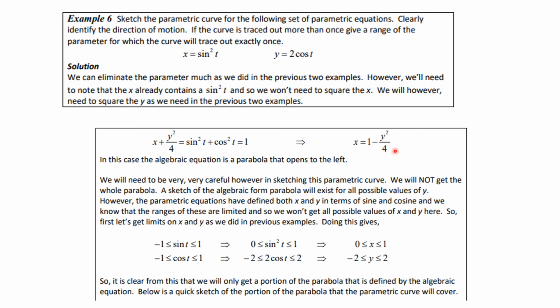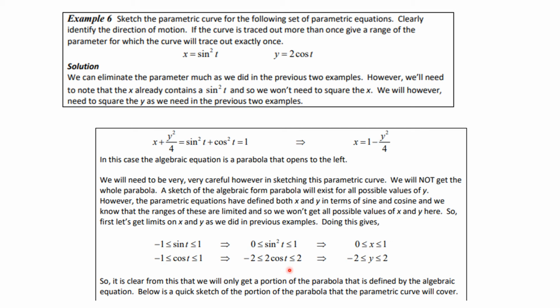Now this is going to be a parabola that opens to the left. And we can check the range of values by looking at the values that happen. But you see now, even though the sine runs from -1 to 1, this ends up restricting, because the sine squared is always between 0 and 1, x will only go between 0 and 1.